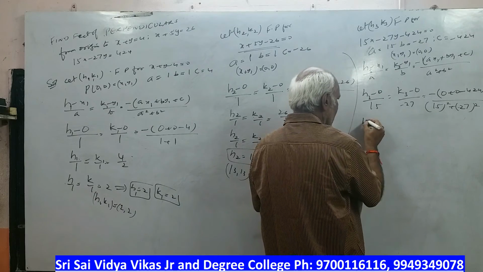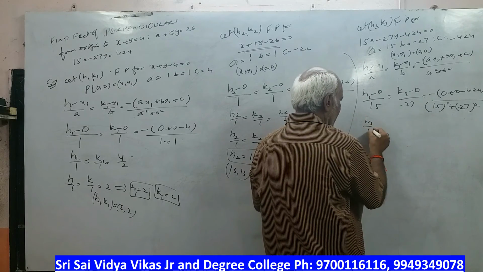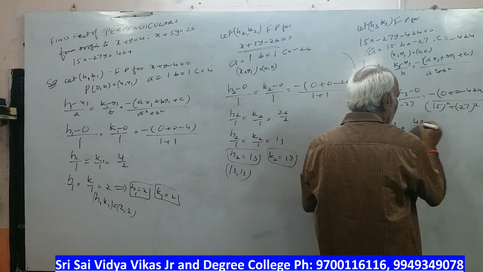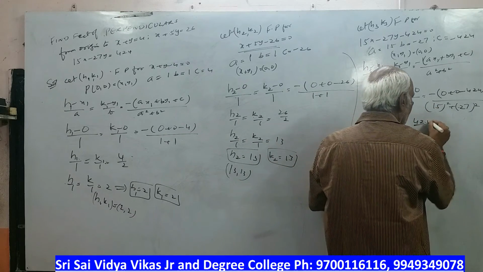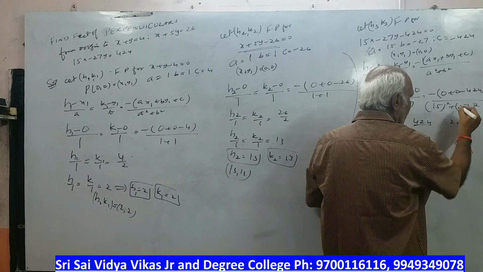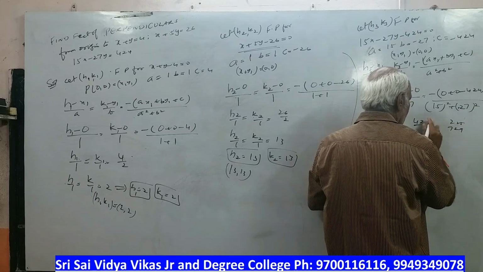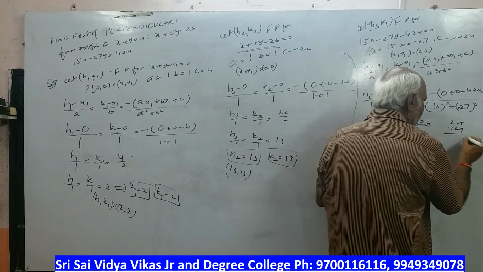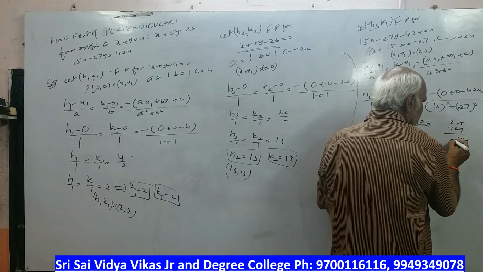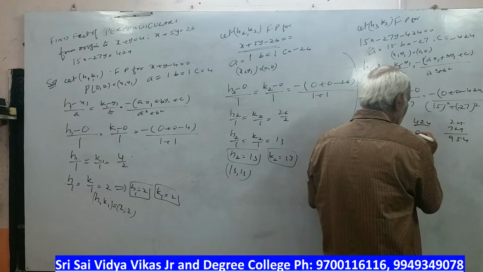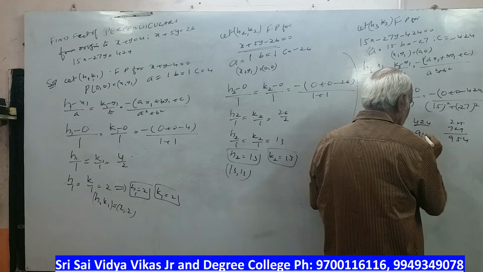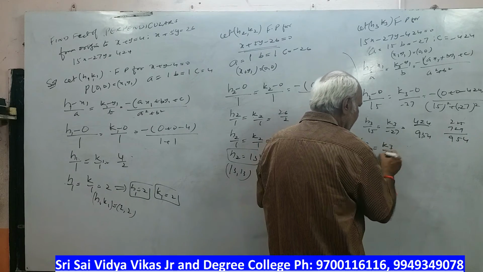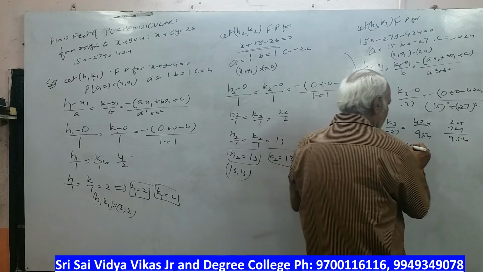Observe here, h3 by 15, k3 by minus 27 is equal to 424 over 15 square, which is 225, plus 27 square, which is 729. If I add them, 954. So h3 by 15 is equal to k3 by minus 27 is equal to 424 by 954.